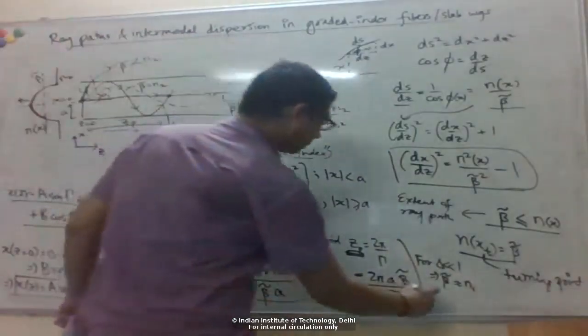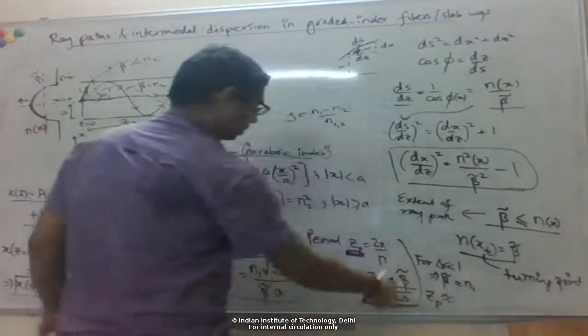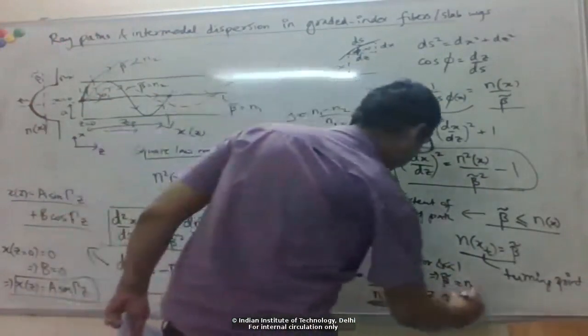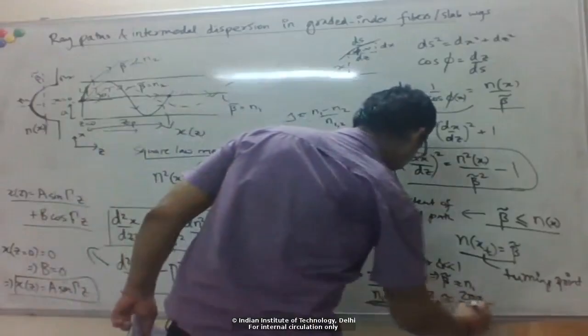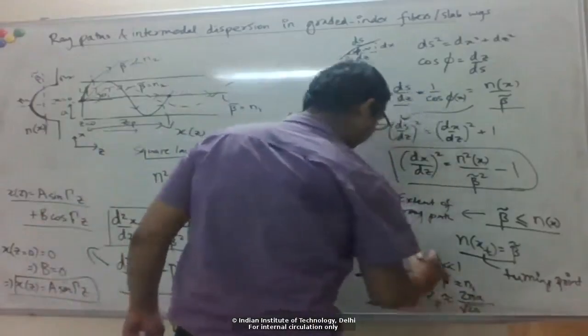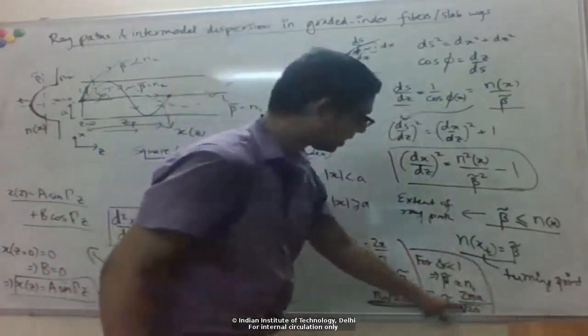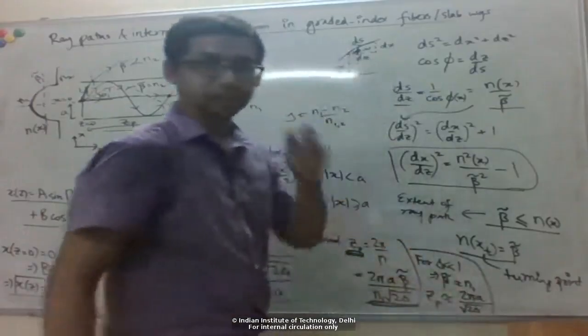So then you can see that this period becomes independent of this n1 or beta. Right, so in this limit, all the rays have the same period. It doesn't depend on beta, right?